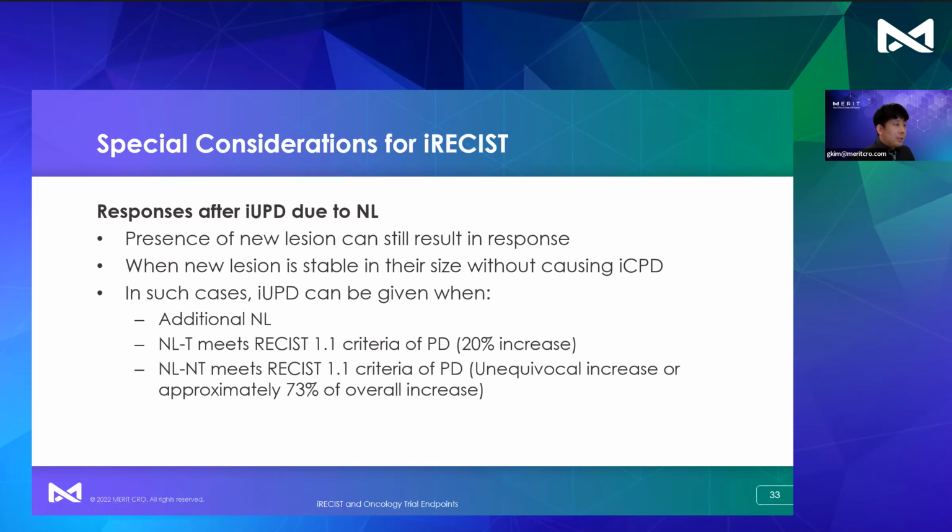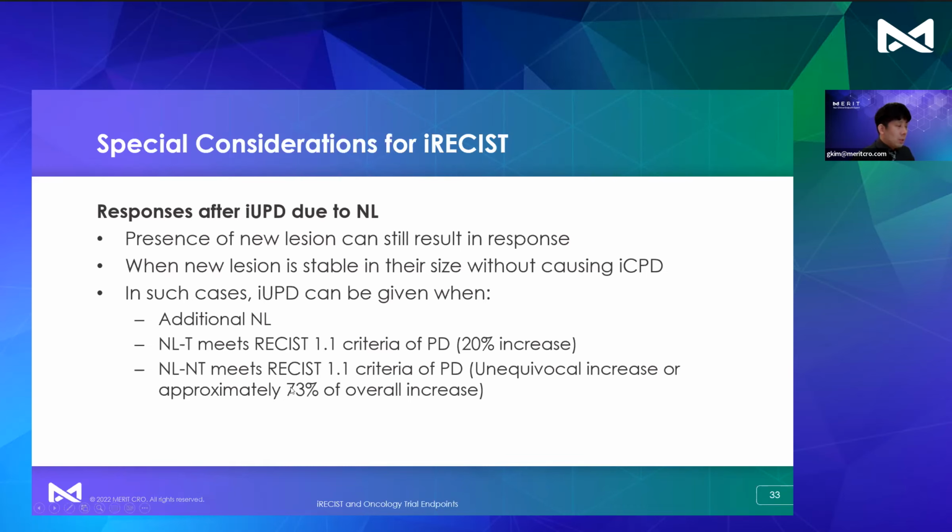In those cases, the new lesion is stable and its size is not causing an ICPD. So in such cases, the subject may get out of the IUPD and still be in an iPR or iSD, with the new lesion being stable.